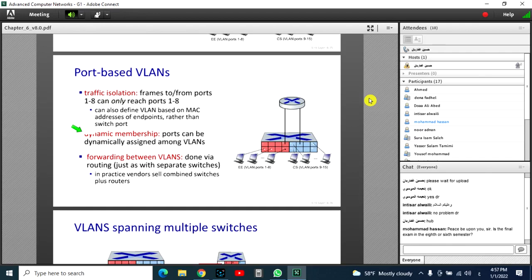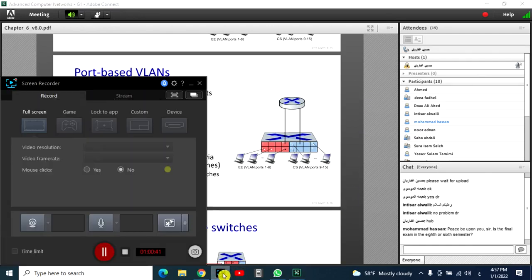The second advantage of VLAN is dynamic membership. You can make some VLAN configuration to accept dynamic membership over different VLANs. Maybe it depends on you, but also you can use a static membership.